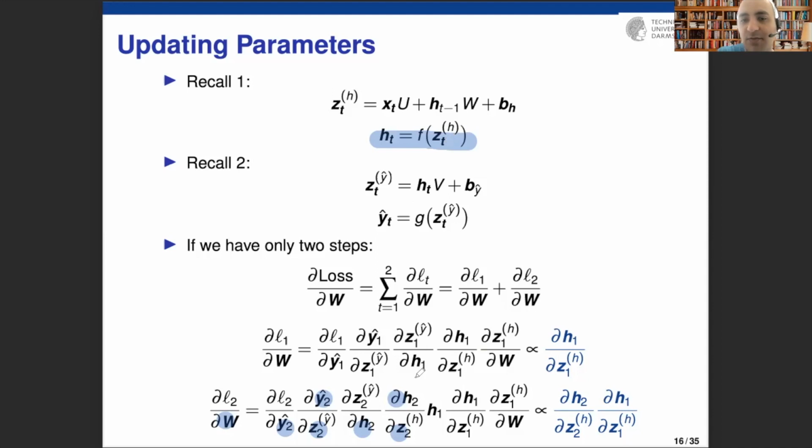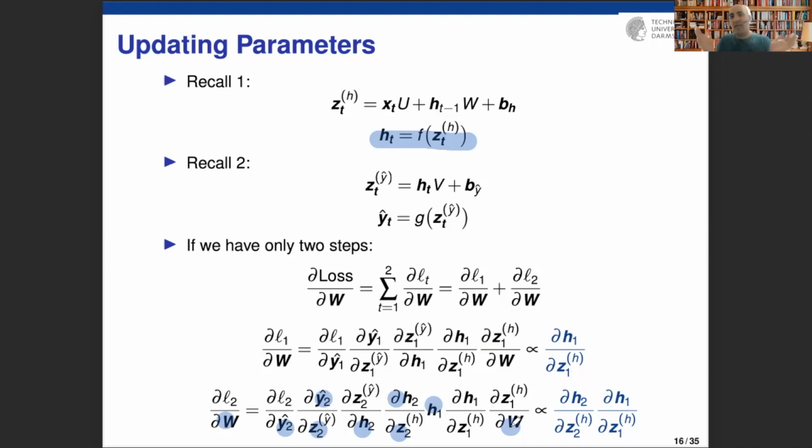So the derivative of Z2 with respect to W that we want to calculate is equal to H1, the value that we have, times the derivative of H1 with respect to Z1, times the derivative of Z1 with respect to W. The main point here is that the value of the hidden state in the previous step is the output of a function obtained based on earlier steps, right?